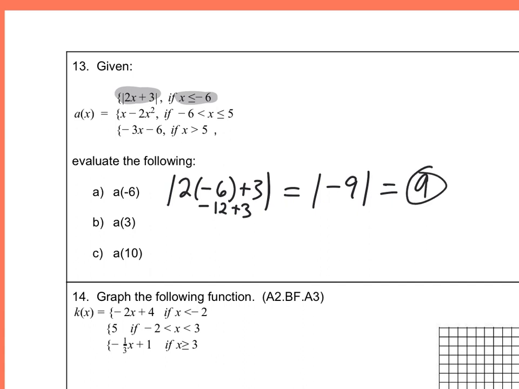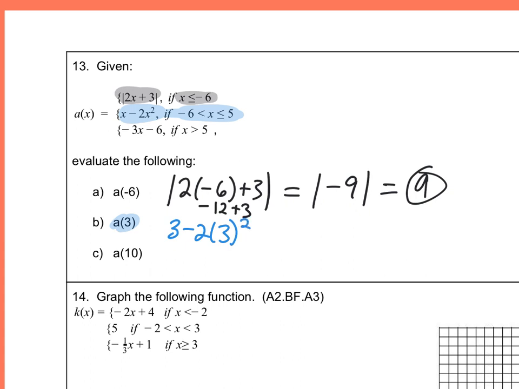A of 3. What piece is that going to go into? The second one, because 3 is between -6 and +5. So I'm plugging it into the second function. When I do that, 3 minus 2 times 3 squared.